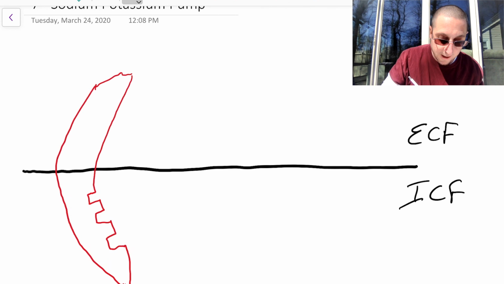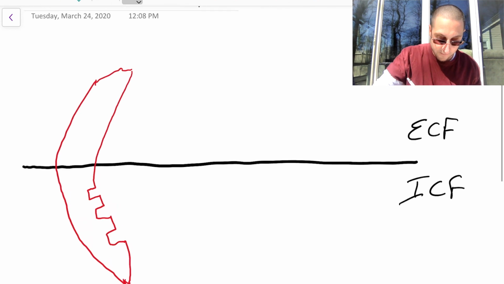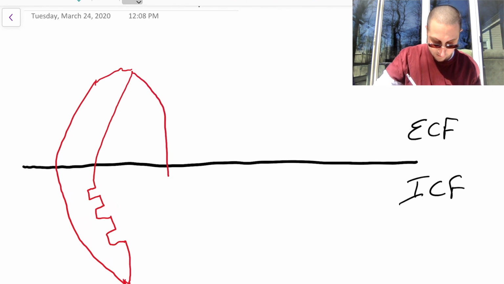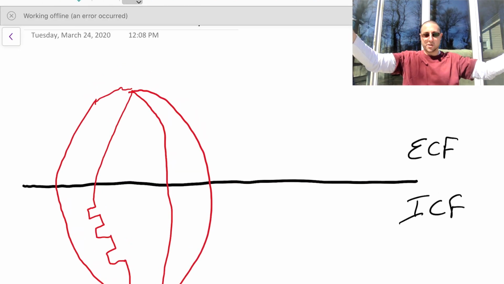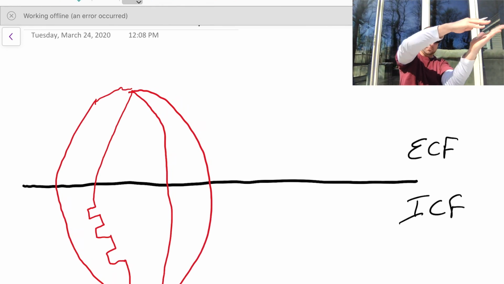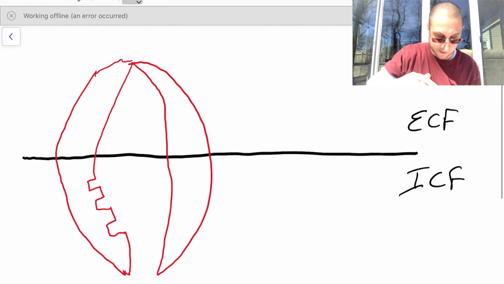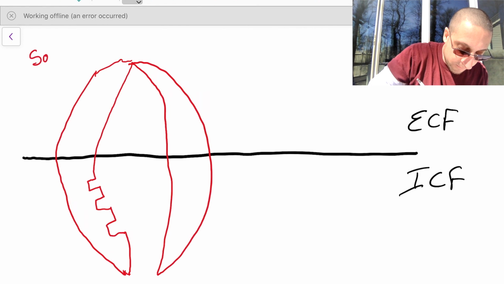And that's going to go like that. And then I'm going to have another piece that's going to go something like that. There we go. That is the sodium potassium pump. So we're going to label this sodium potassium pump.